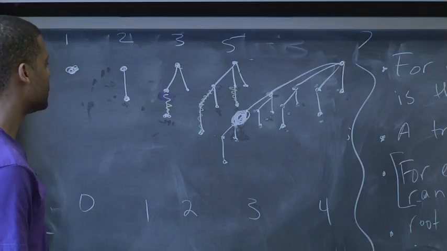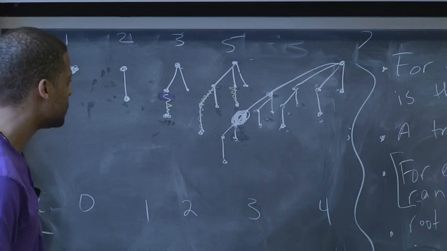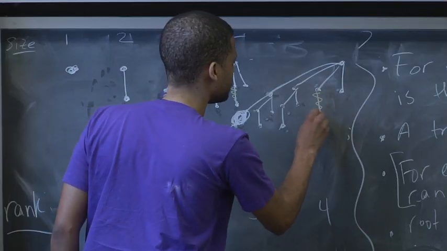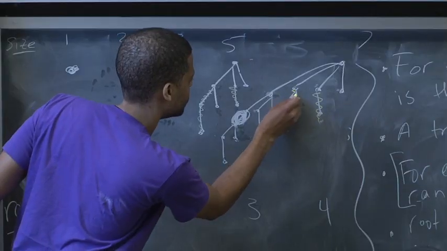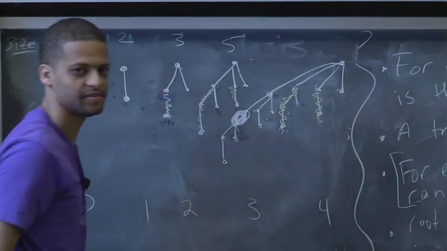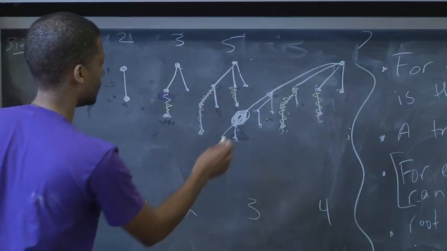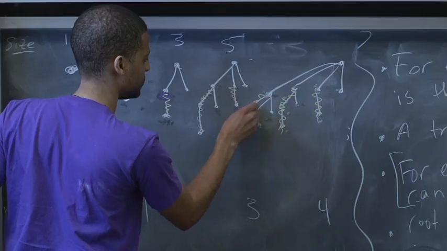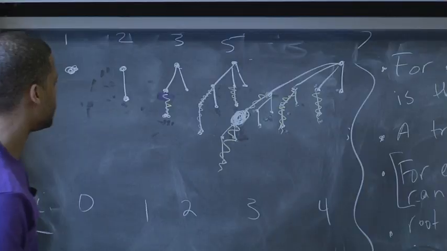Okay, so now let's try and cut out as much as we can cut out and still keep it a rank 4 tree. We can cut this out. We can cut this out. We can cut all of this out. And we can cut, I think, this out.